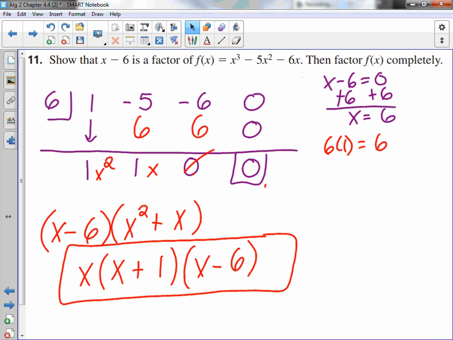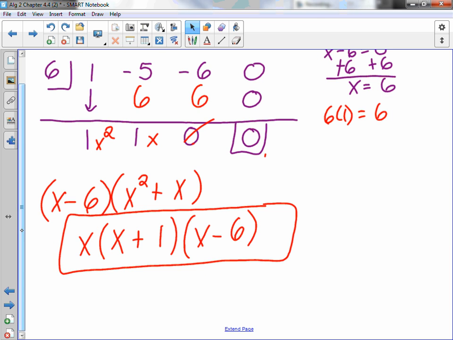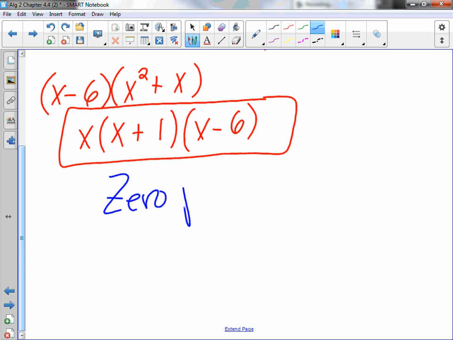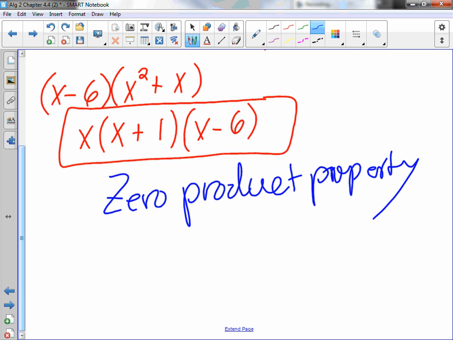Now, this is looking ahead into next week. Y'all remember the zero product property?